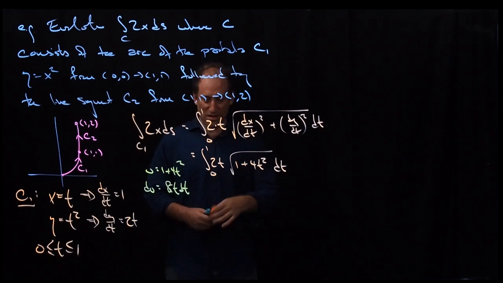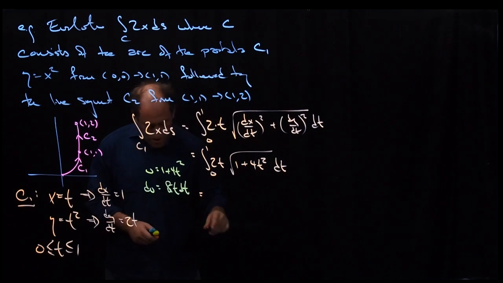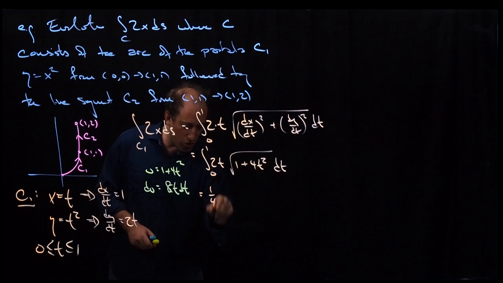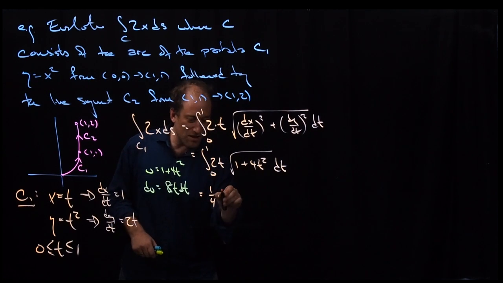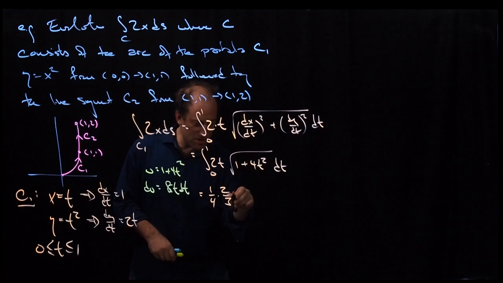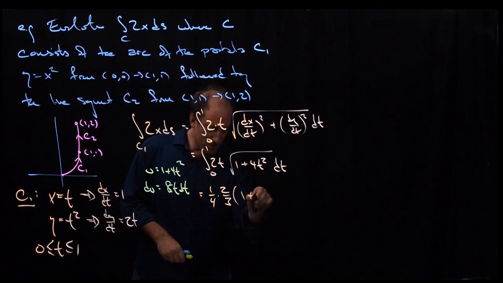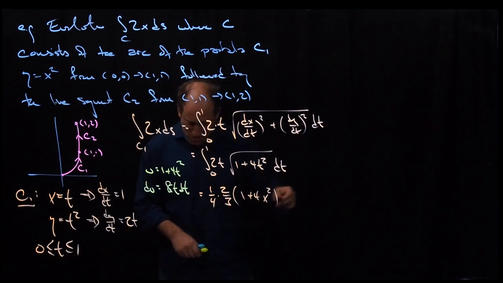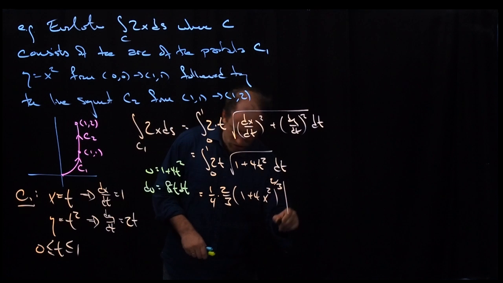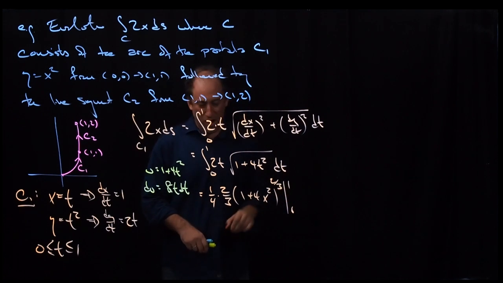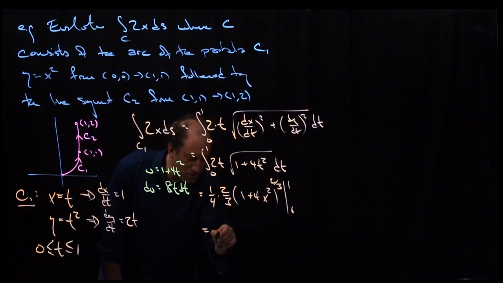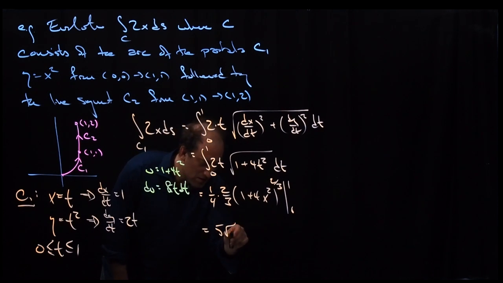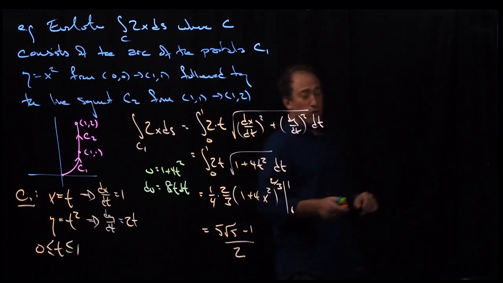So this then gets me 1/4, to compensate for that 2, times 2/3 times (1 plus 4t squared) to the 3/2 from 0 to 1. I don't have much room left, so I'll go right to the punchline. It's (5√5 minus 1) over 6.